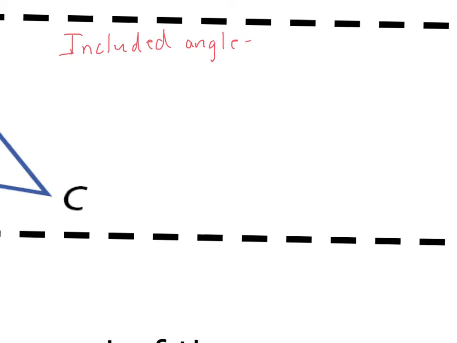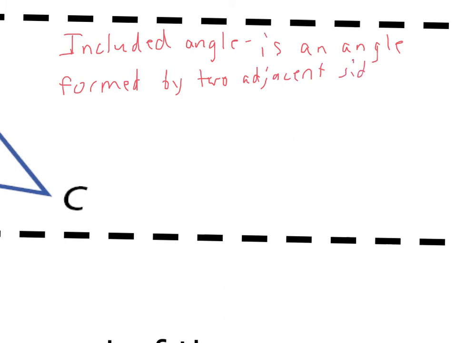An included angle is an angle formed by two adjacent sides of a polygon. Okay, an included angle is an angle formed by two adjacent sides of a polygon.